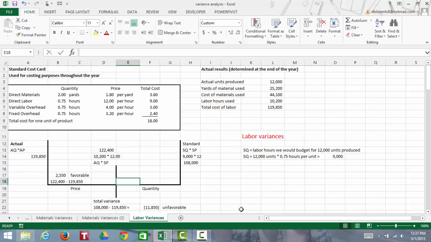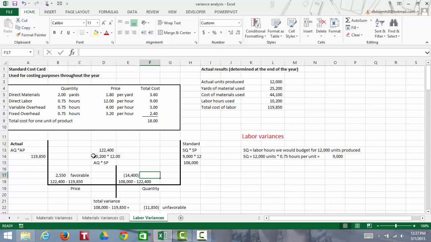Now, to calculate our quantity variance, we're going to take the right-hand prong and subtract the middle prong. So we're going to take 108,000 and we're going to subtract 122,400. So letting Excel calculate that number, I take 108,000, I subtract 122,400, and we get a negative 14,400.